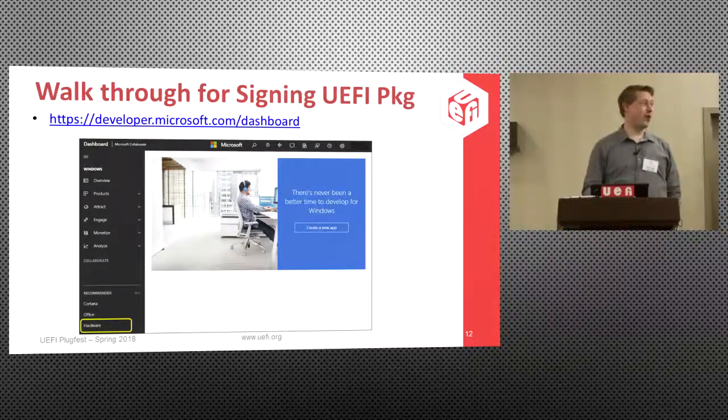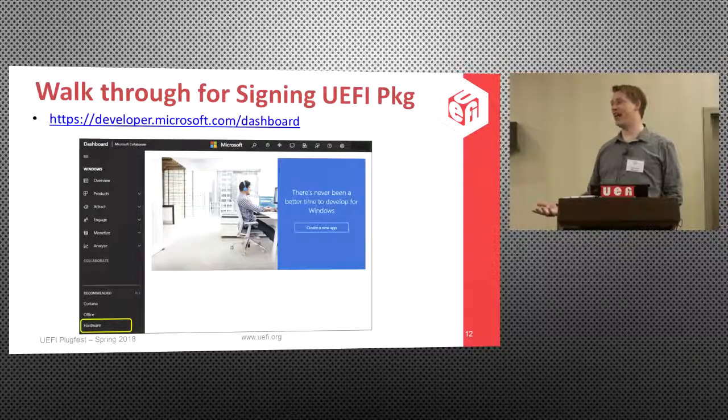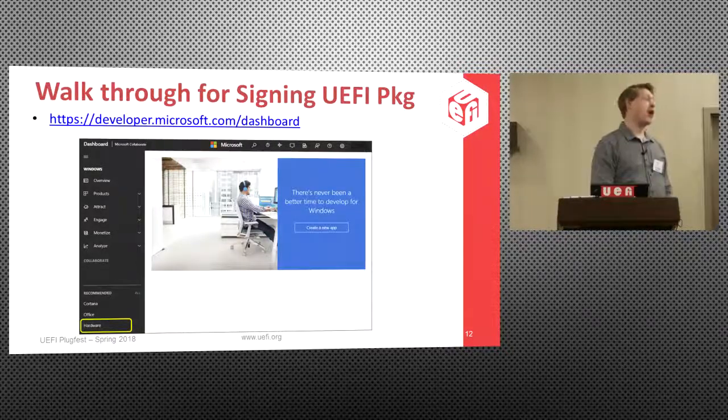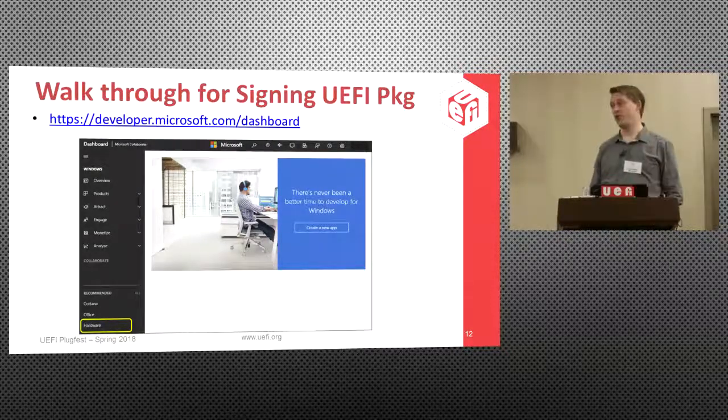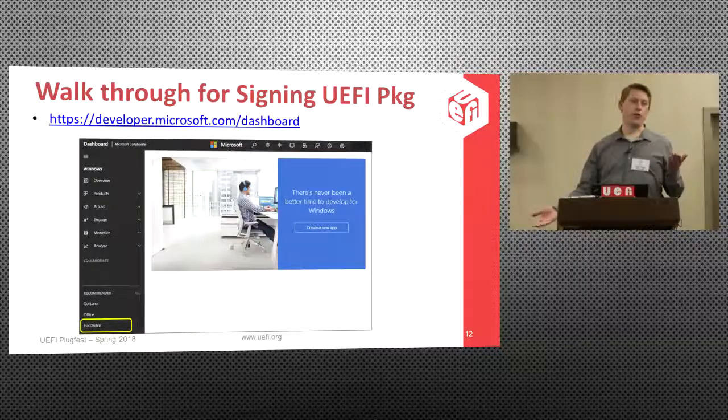If you want to do a firmware update capsule posting to WU, you have to get a Dev Center account. A hardware Dev Center account is required. Not only that, but you have to have an EV cert ready. You take your cert, you upload it, and the thumbprint is copied into the Dev Center, and that's how we say, yes, this is the package you signed.